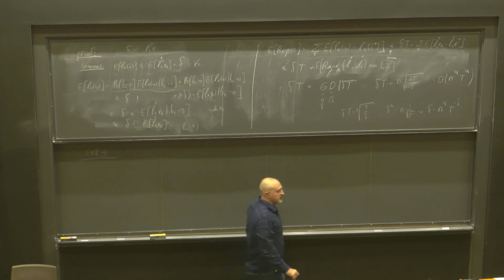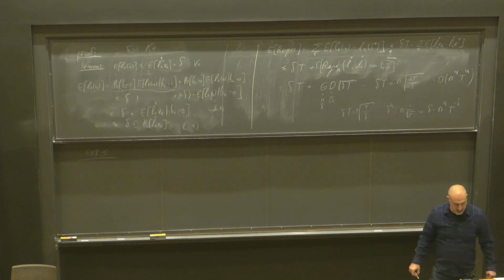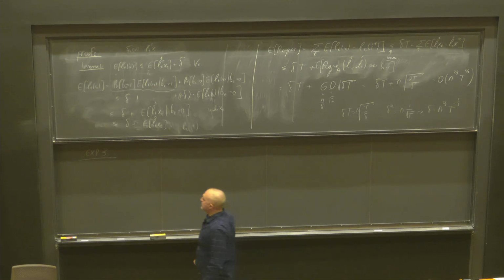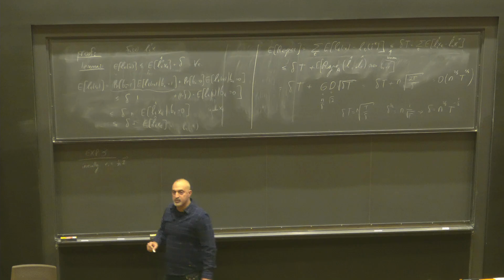It's a very nice and elegant algorithm, and let me spell it out. Initially, I take x1 to be 1 over n times the uniform vector. I start with the uniform distribution.